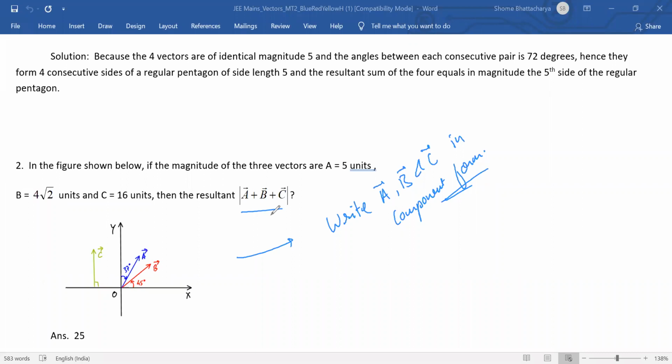So you'll see that when you write in component form, A will come out to be 3 i cap plus 4 j cap. B will come out to be 4 i cap plus 4 j cap. And C is nothing but 16 j cap.